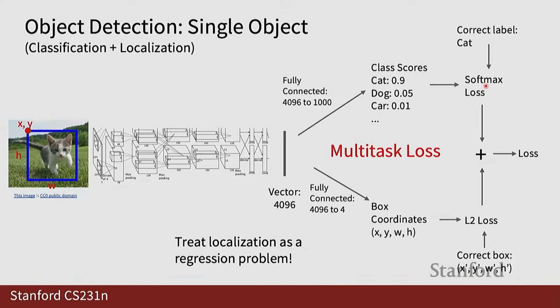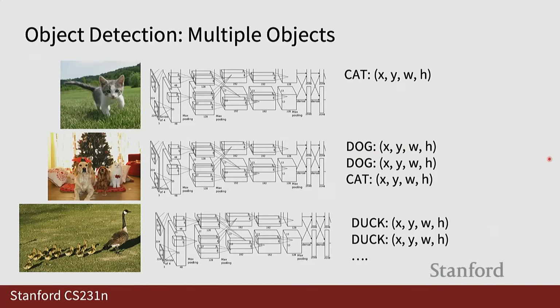We are solving two tasks at the same time, and for doing that, we add the loss values and generate a compound loss function, as you can see here. So this is simple, it's doable. If we have one single object, we can for sure solve this problem using this architecture that I talked about.